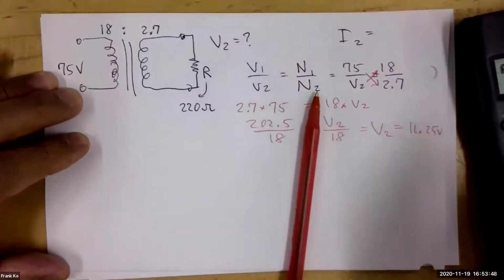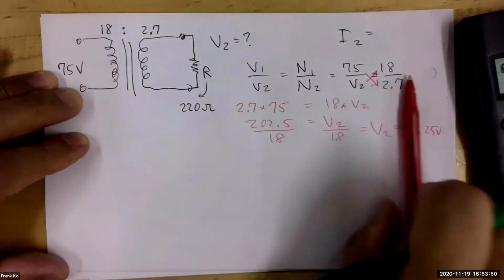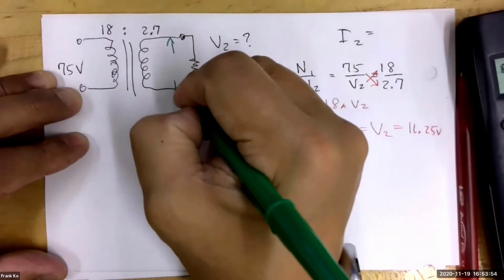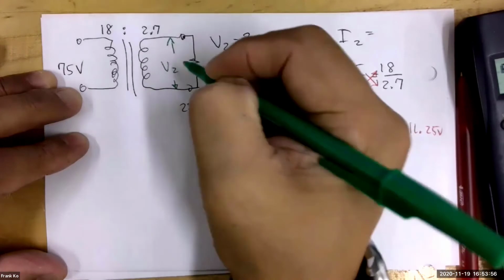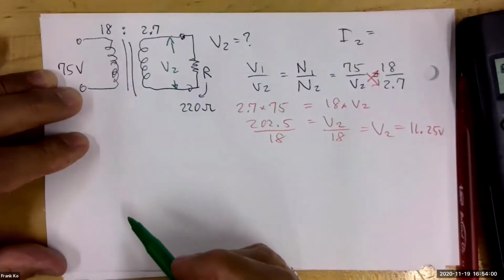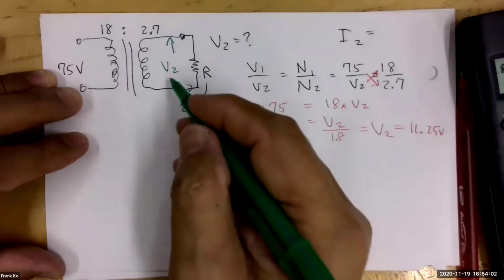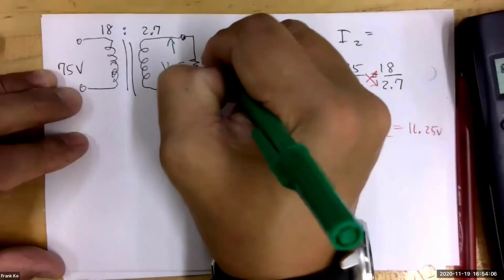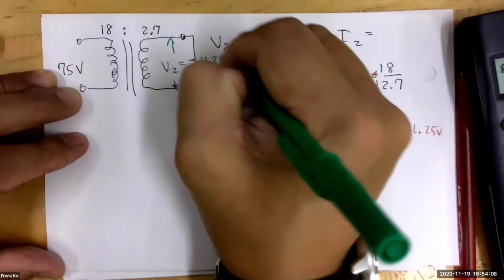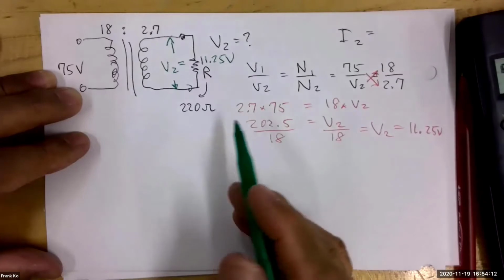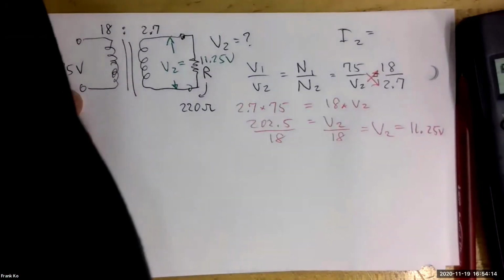So far, so good. Now we have just determined our V secondary, and we measure our V secondary between here and here. V2 is measured between this wire and this wire of our transformer secondary, and we discovered that V2 is equal to 11.25 volts. Well, we have a 220 ohm resistor. Do we have enough information to calculate our current?